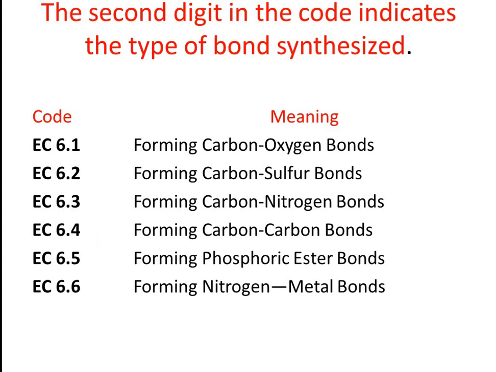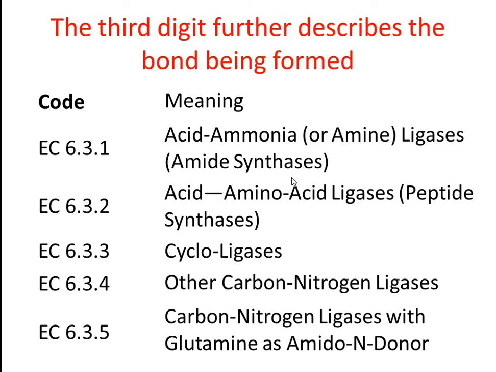Second digit 4 describes the formation of carbon-carbon bonds. The second digit 5 indicates the formation of phosphoric ester bonds. And for formation of nitrogen-metal bonds, we can use the second digit code 6.